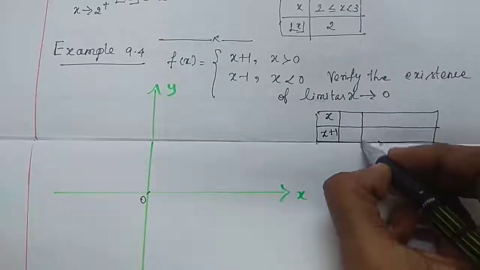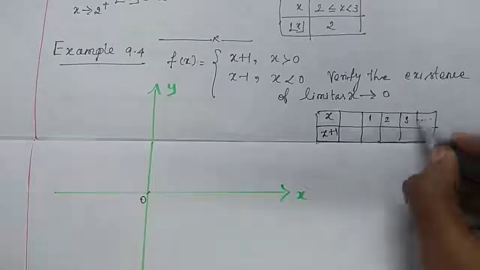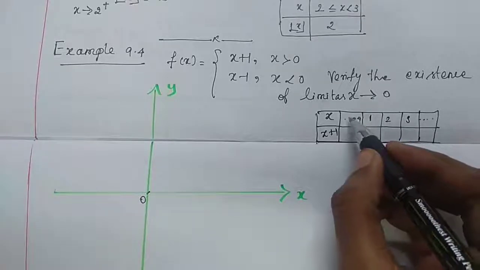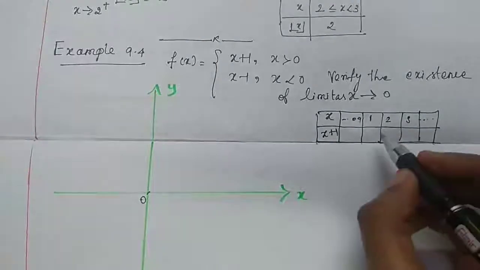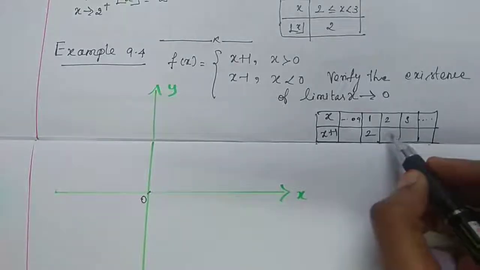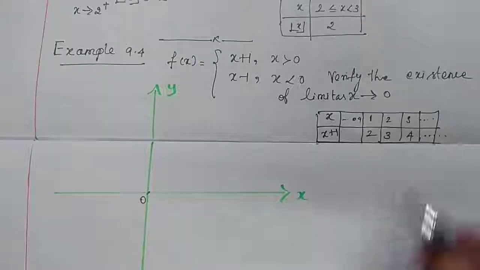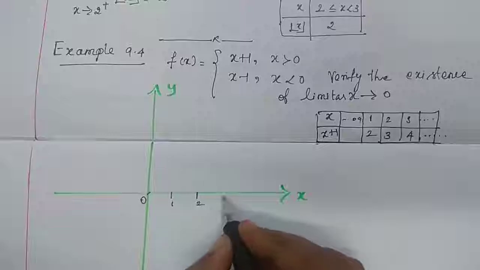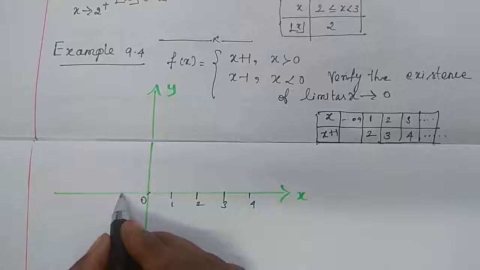So first take 1, 2, 3 and going on. Left of 1 there are 0.9, 0.8, and 0 is not included. For the number 1, 1 plus 1 is 2. For the number 2 it is 3, then 4 and so on. Just plot the points on the graph. Here 1, 2, 3 and 4 on the positive side, and minus 1, minus 2, minus 3 on the left side.